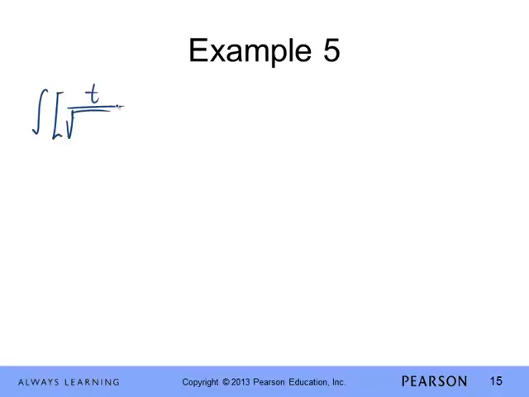So here we have t over the square root of t squared plus 2 i hat plus e to the negative 3t j hat plus sine of 4t plus 1 k hat.